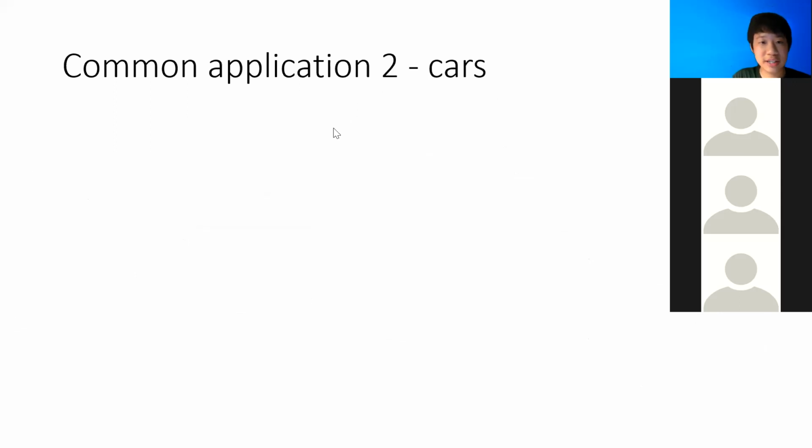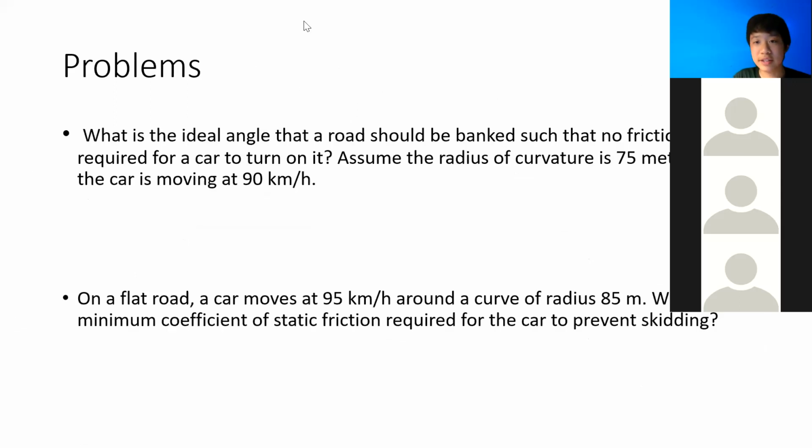So that's basically all you guys need to know. So now for these two problems. This question here is basically a direct application of the formula for ideal angle on a road.